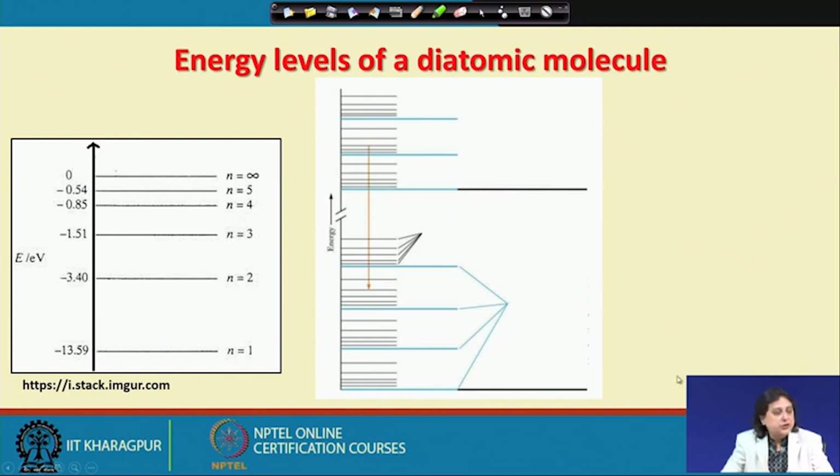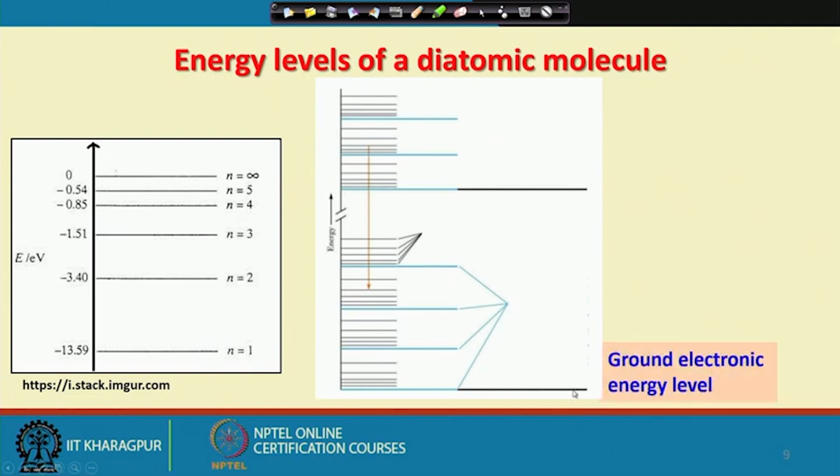So, let me highlight over here some of the more important features of the energy level diagram for the diatomic molecule. As you see, this is the ground electronic energy level, and you must remember that this corresponds exactly to the ground electronic energy level that we have seen in the monatomic case.